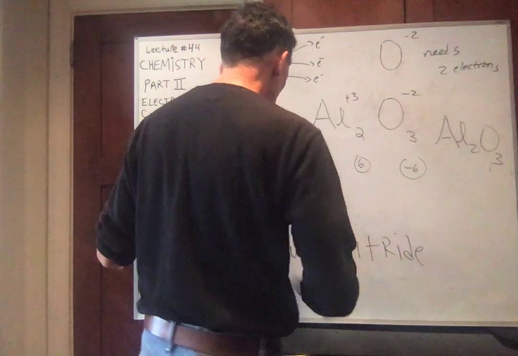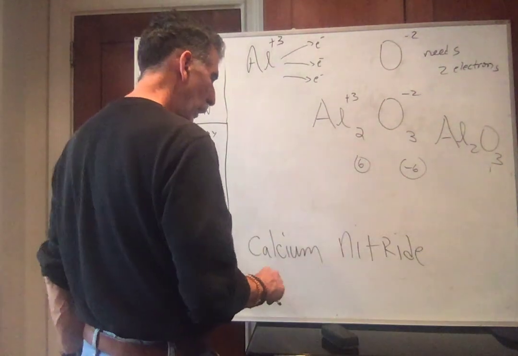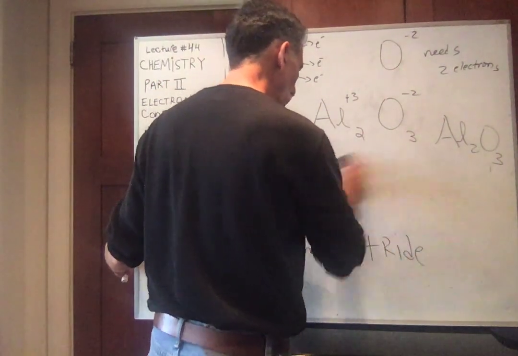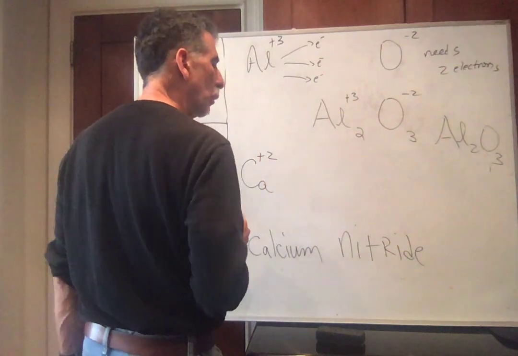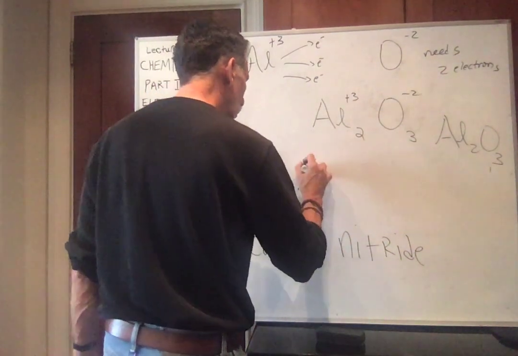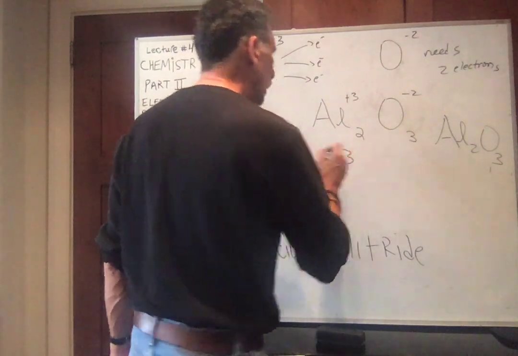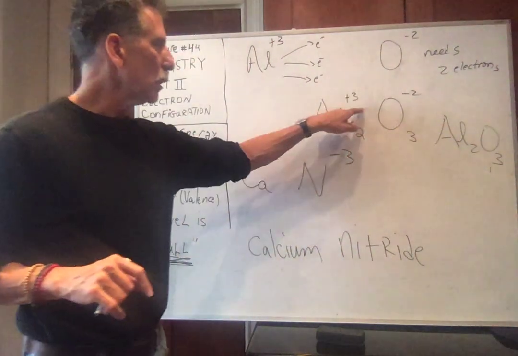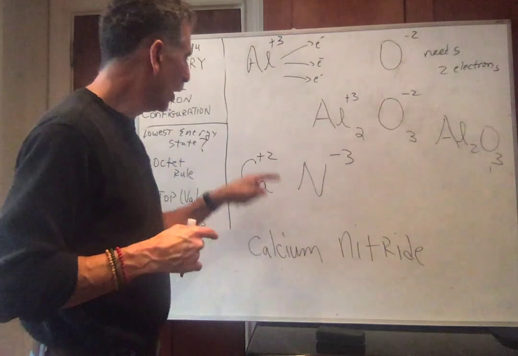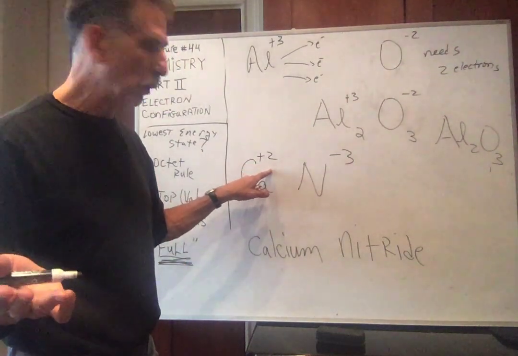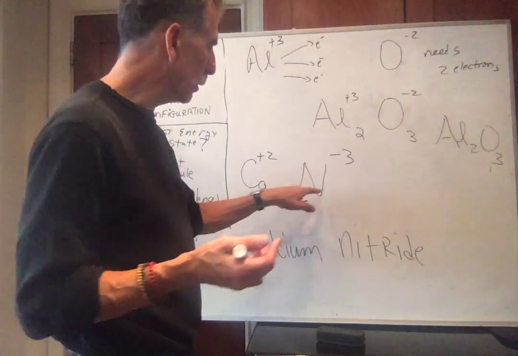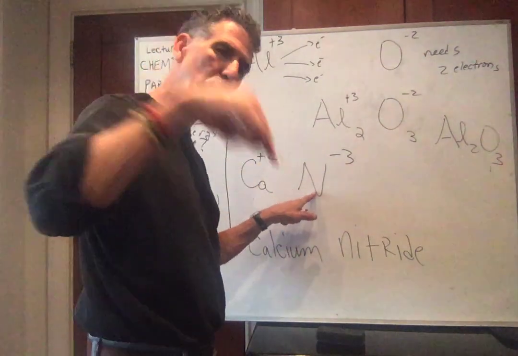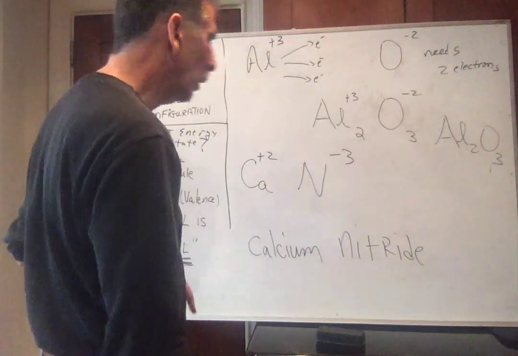Let's look at calcium nitride. I'm going to do this one a little quicker. Calcium is in group 2A, wants to give 2 electrons. Nitrogen is in group 3A, needs 3. So it looks very much like this one, but they're reversed. Calcium's giving 2 electrons, but nitrogen needs 3 electrons to become an octet, or to fill the top level.